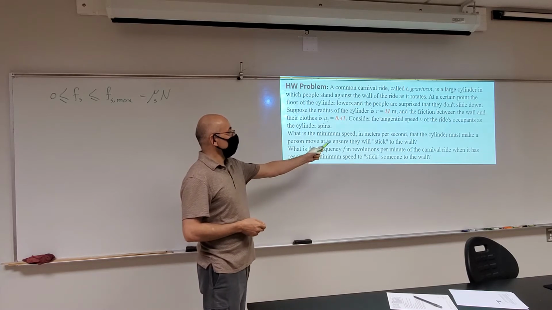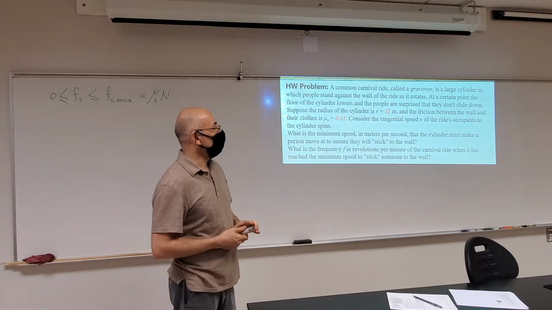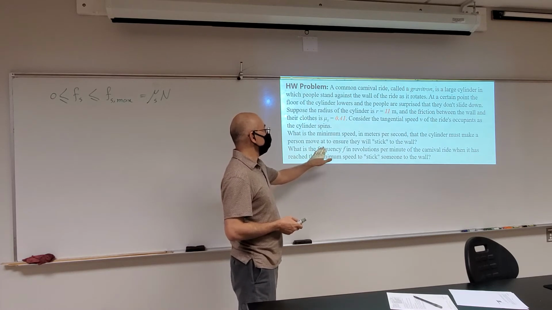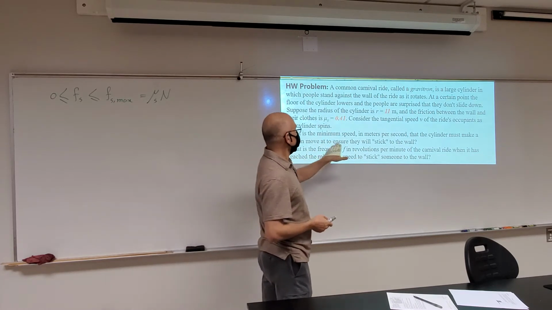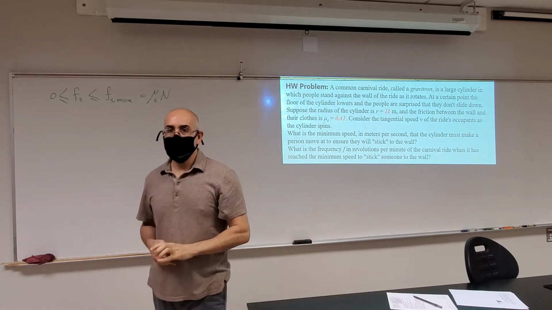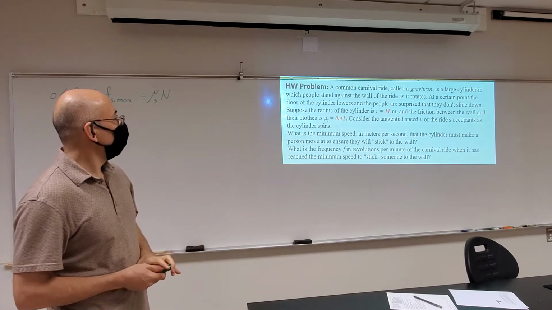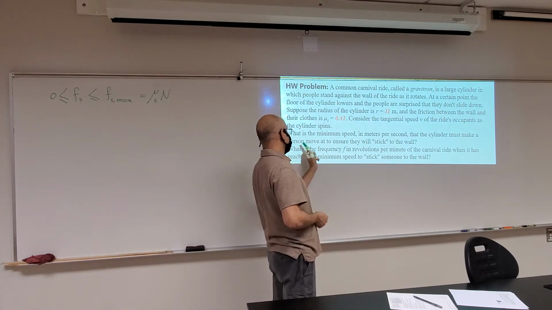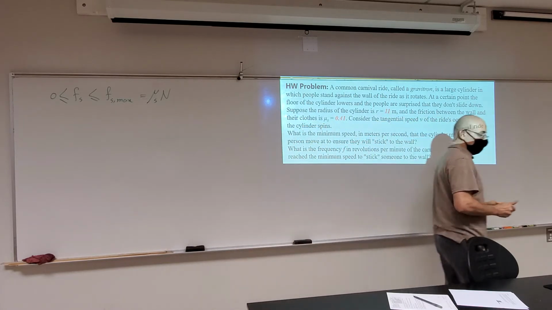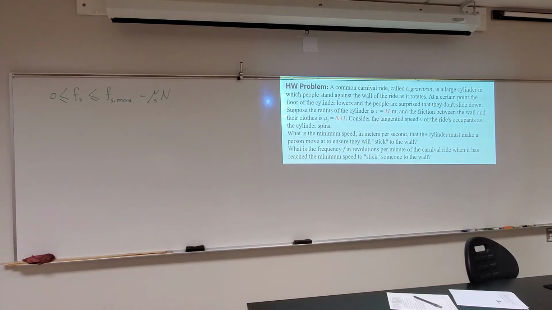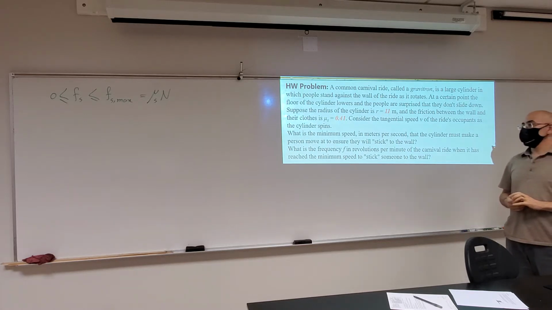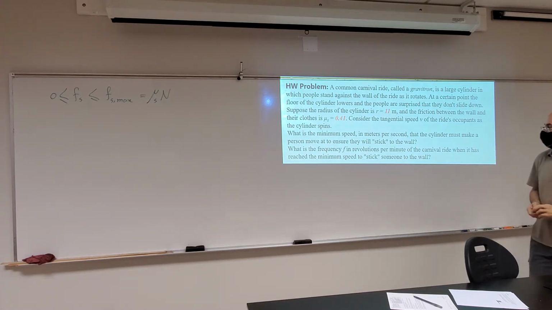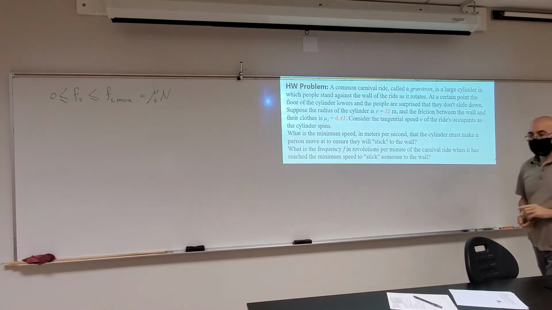What is the minimum speed in meters per second that the ride must move a person at to ensure that they will stick to the wall? And then what is the frequency in revolutions per minute of this carnival ride when it has reached the minimum speed to stick someone to the wall? What do you think?